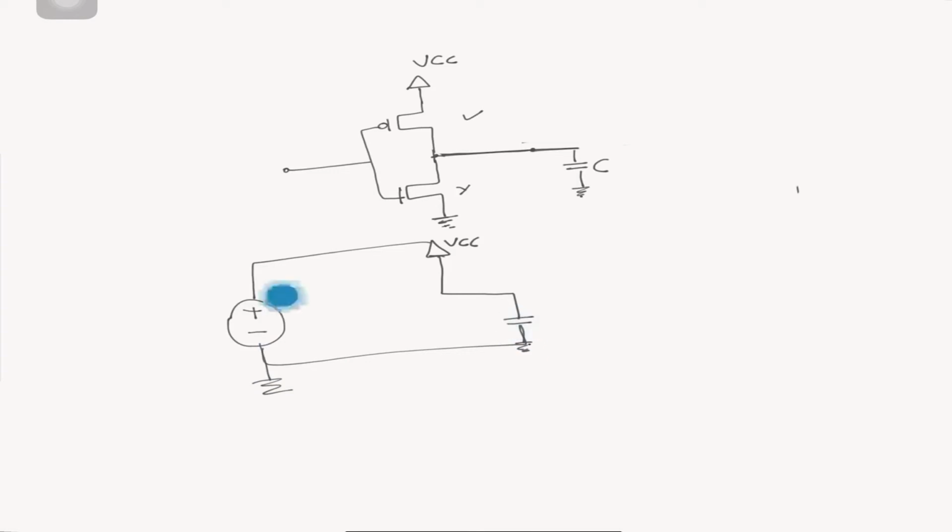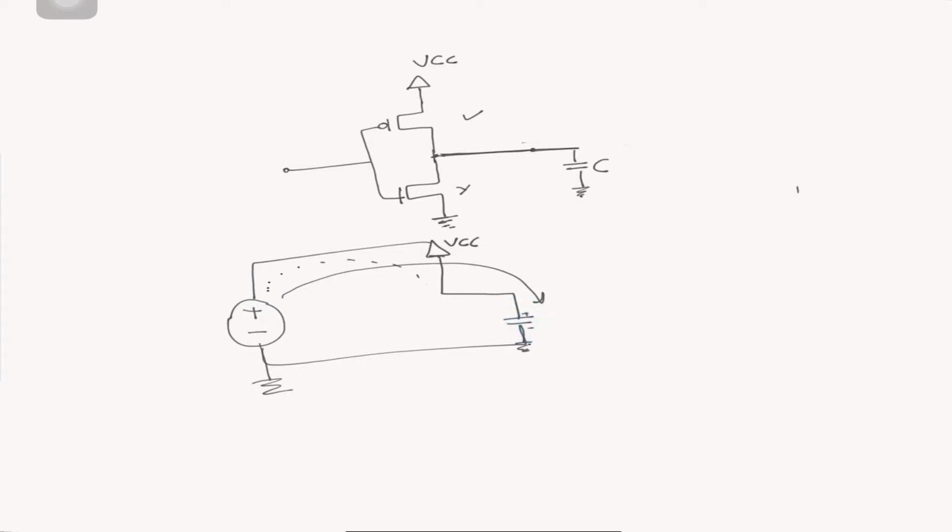Because of this battery, it keeps charging that capacitor. Electrons move on this side, and current goes in the opposite direction, as you know. So we were charging this capacitor.